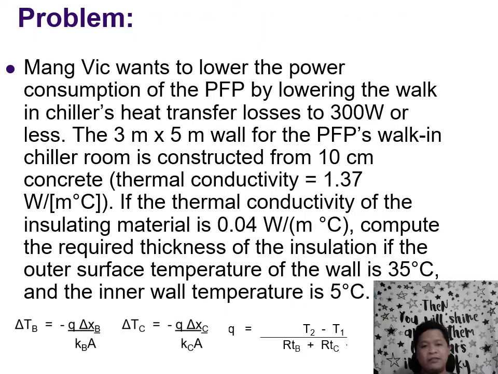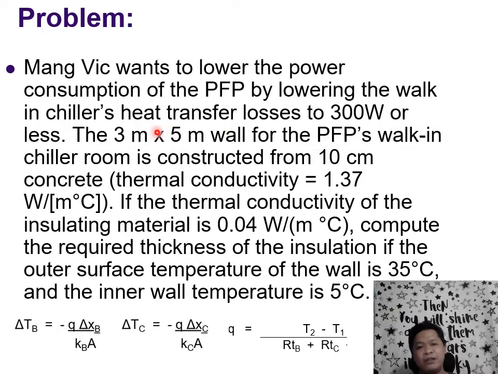All right. So let's look at the problem having multiple layered walls. No. So for example, Monvic hypothetically wants to lower consumption of the PFP by lowering the walk-in chiller's heat transfer to a target of 300 watts.